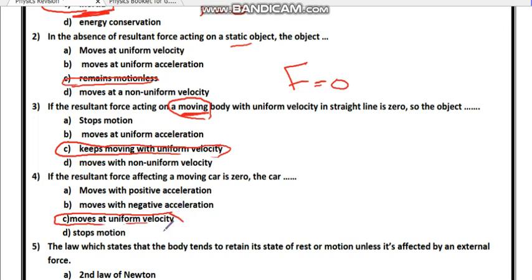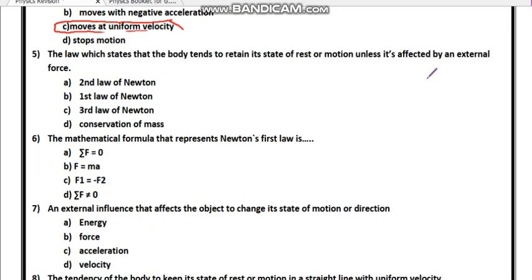Okay, then number five: the law which states that the body tends to retain its state of rest or motion unless affected by an external force. This is Newton's first law. Newton's first law says that the body likes to keep its state of rest or motion. Number six, the mathematical formula that represents Newton's first law is sum of F equals zero.